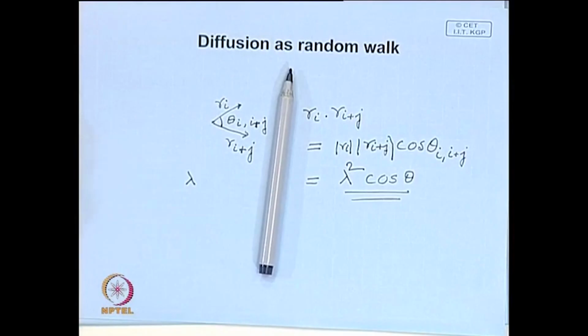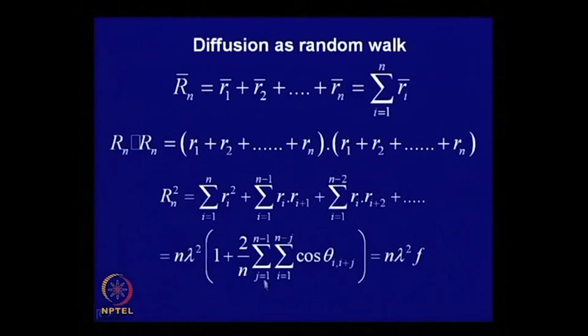Clearly, what you see on the slide is this: if you take this common, because this sum will be n times lambda square, you can take it common. So, you have a factor which is a function of the direction, and this directionality is quite important.